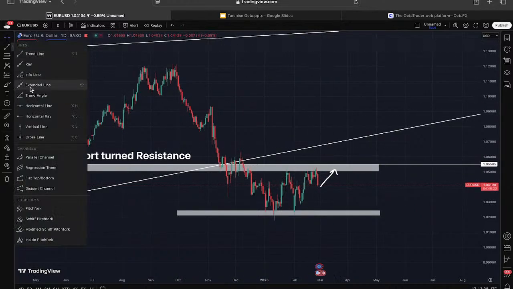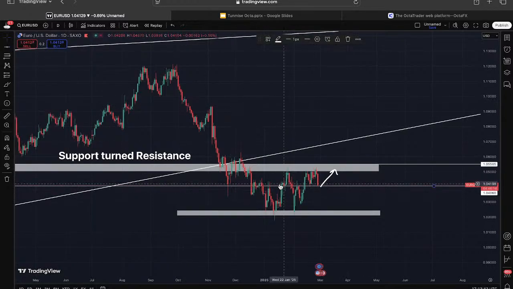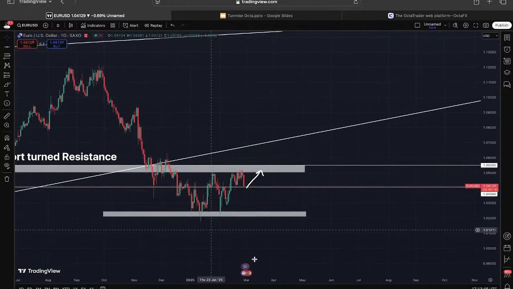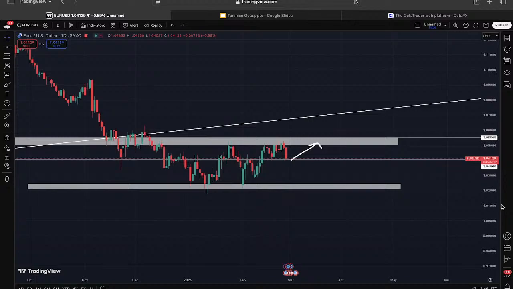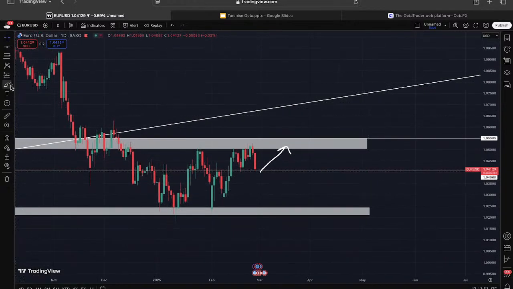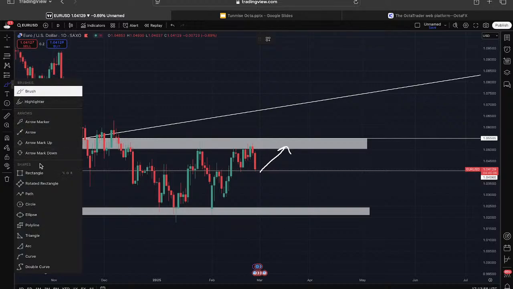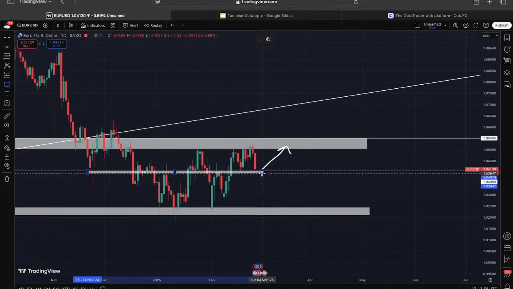Let me put it. Let's zoom in so that we can see what I'm talking about. Can you see that? There is a minor support zone here.